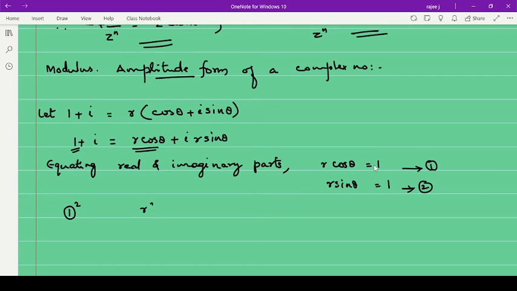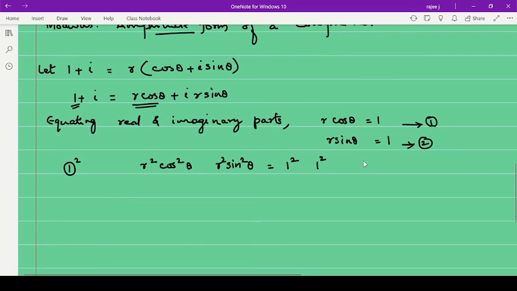Equation 1 squared gives r square cos square theta equals 1 square, and equation 2 squared gives r square sin square theta equals 1 square. Adding, r square cos square theta plus r square sin square theta equals 1 square plus 1 square.